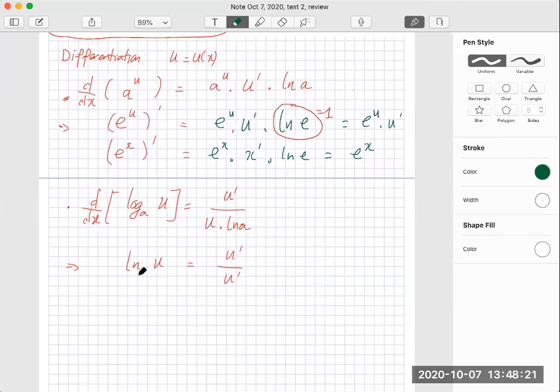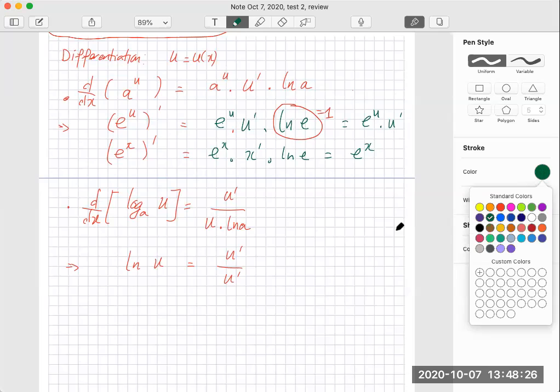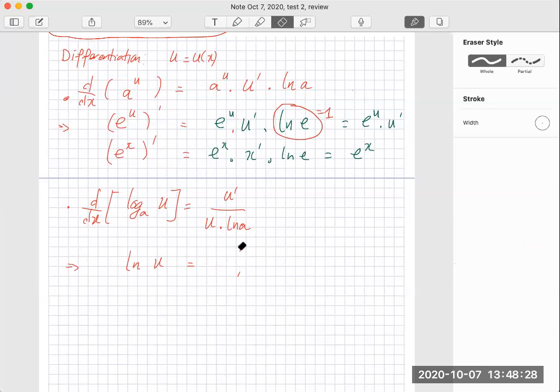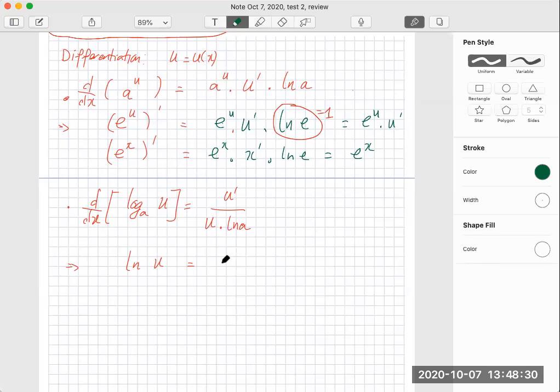So therefore, in the special case, natural log of u, from the above formula, we have that it will be u prime divided by u times natural log of e. And we know that natural log of e is 1. Therefore, it will be u prime over u. Okay? So together we go over almost all the needed formulas.